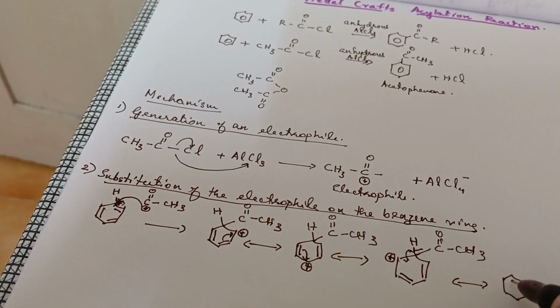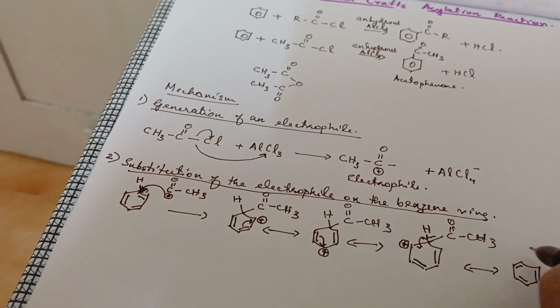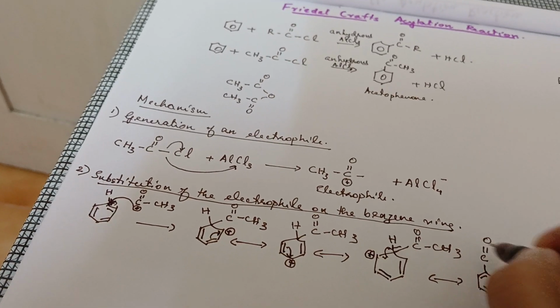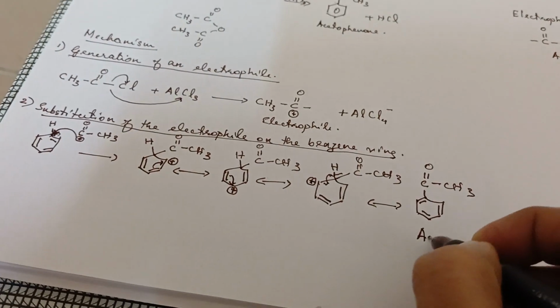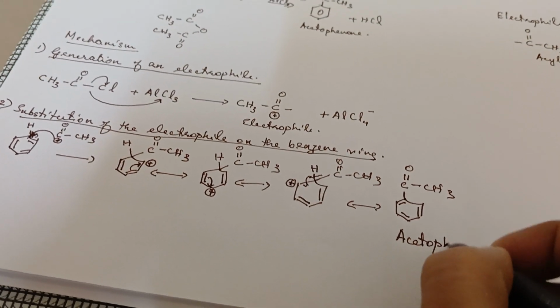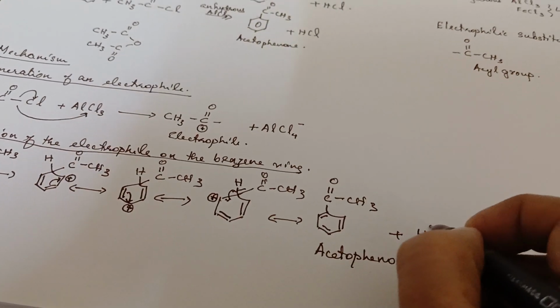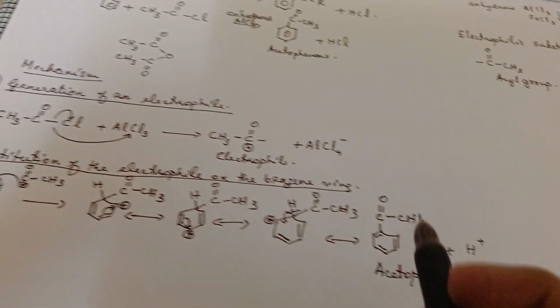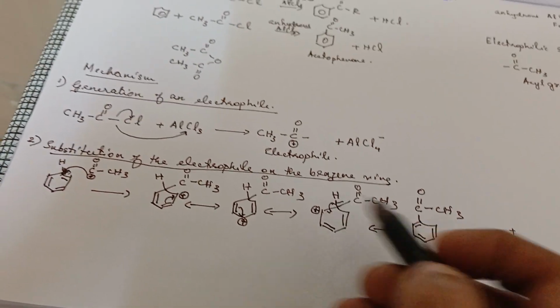So as a result, a double bond here, double bond here, double bond here. Hydrogen is gone as hydrogen ion, and C double bond O CH3 is here. You have your product acetophenone plus H plus ion. That H plus ion is from the hydrogen which was there on the benzene ring.